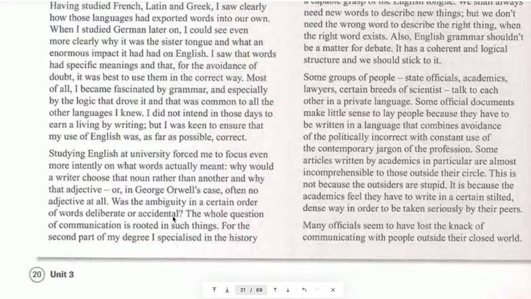Is that enough? Now tell me, I need two things. First, word choice, and the second one is word order, right? So here, what are they talking about? Word choice or word order? Word order. Yes. What? Where?